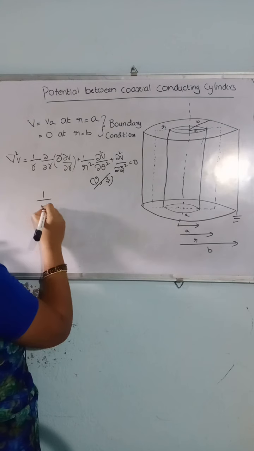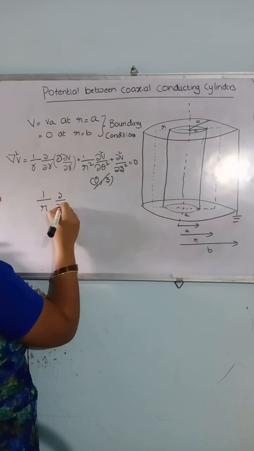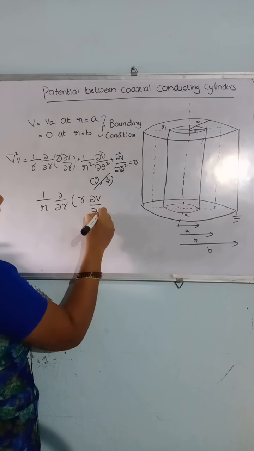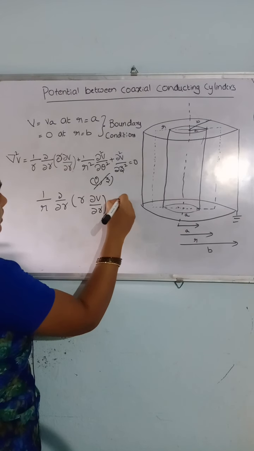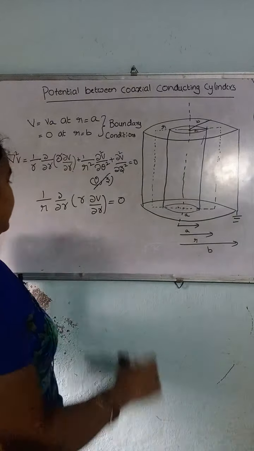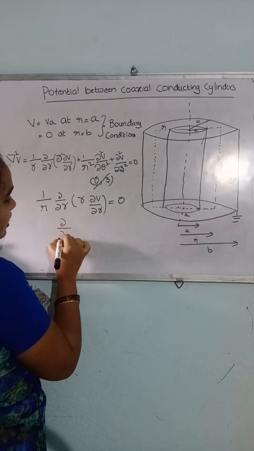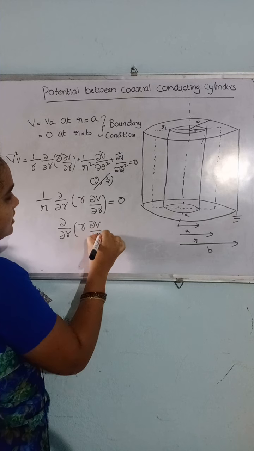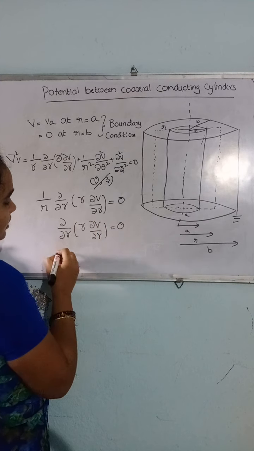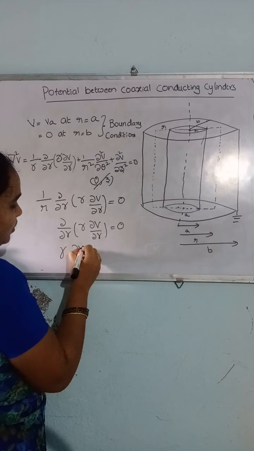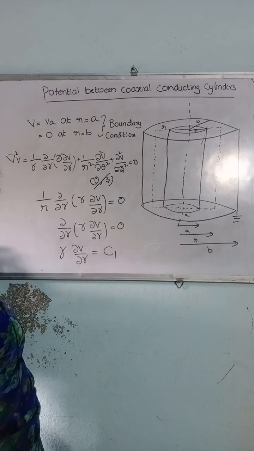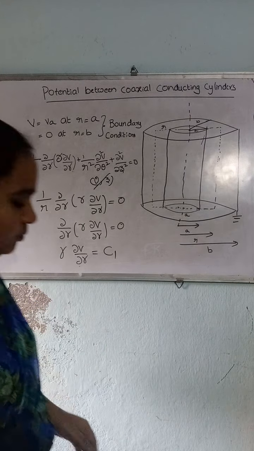What is the first term? 1 by R, dou by dou R of R into dou V by dou R is equal to 0. So dou by dou R of R dou V by dou R is equal to 0. Then R into dou V by dou R is equal to some integration constant C1.